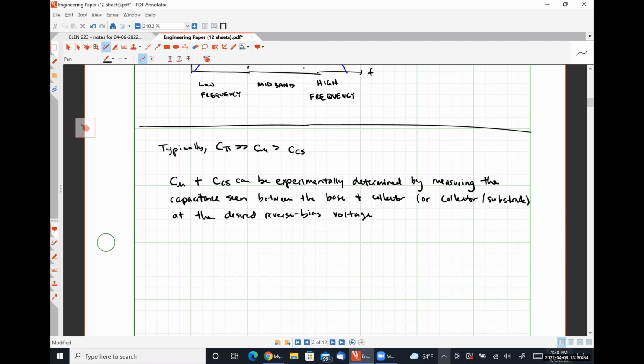To determine C pi, we must look at the frequency dependence of beta, or HFE, as it's listed in most data sheets.